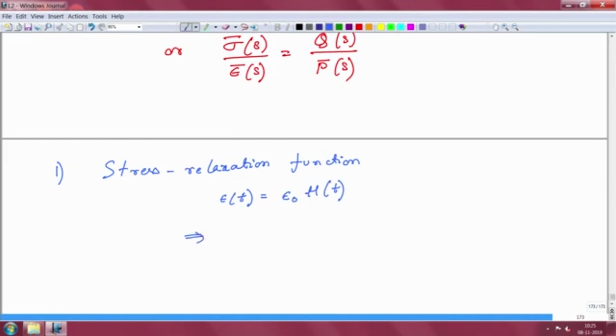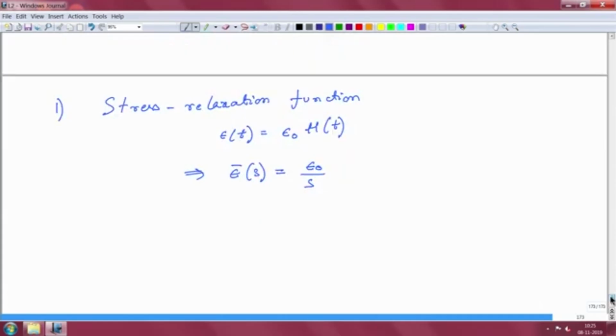So, the Laplace of this is already known and it is very simple, it is epsilon naught by s. Right. So, then once you apply this to the previous expression, this implies that your Laplacian of the stress function looks something like this.